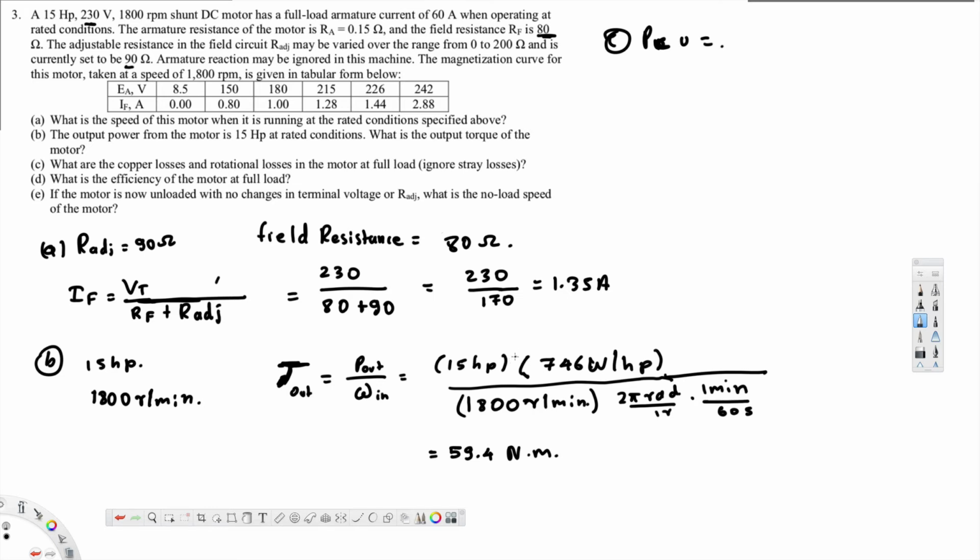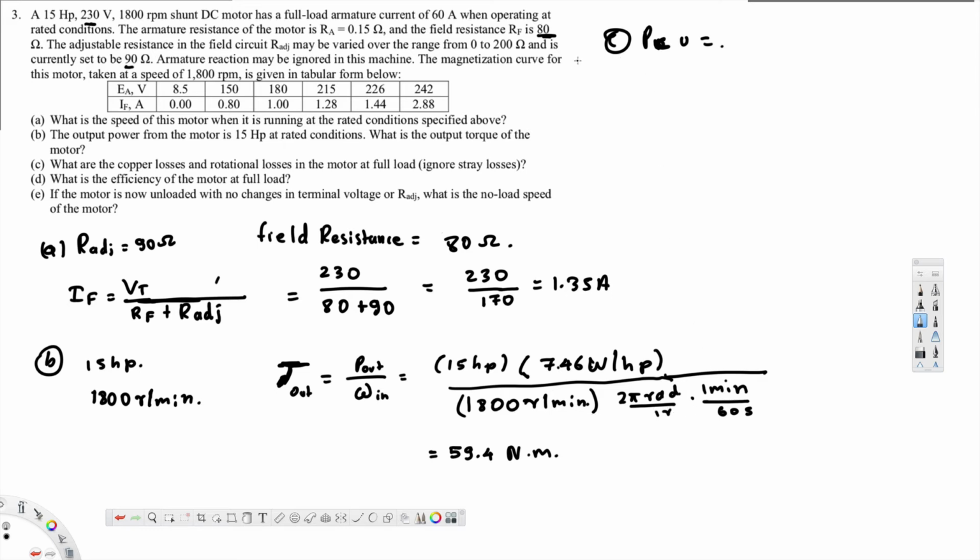This is a conversion from horsepower to watts. That's what you have to know. And here we have 1800 times 2π radians over 1 revolution, times 1 minute over 60 seconds. We are converting this revolutions per minute into radians per second.